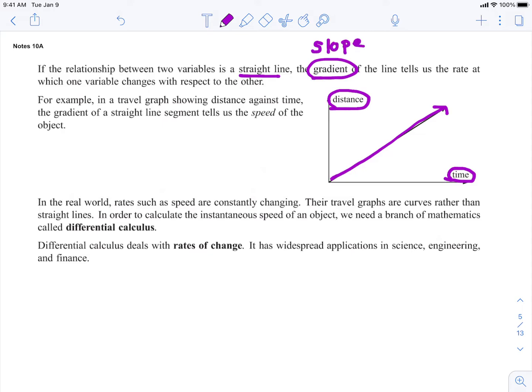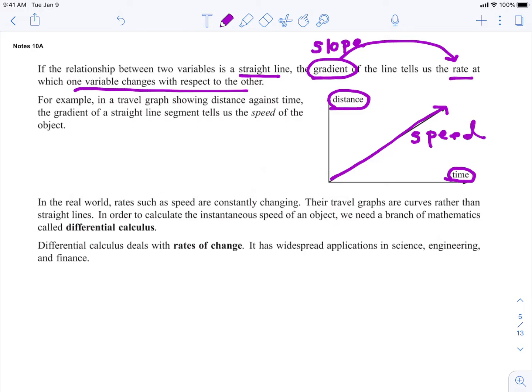It tells us the rate at which one variable changes in respect to another. So slope or gradient is the rate. For example, in a travel graph showing the distance against time, the gradient of a straight line tells us the speed at which the object is traveling.